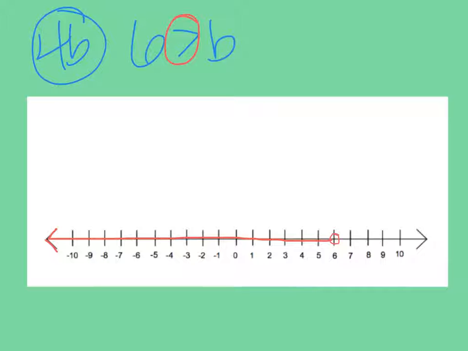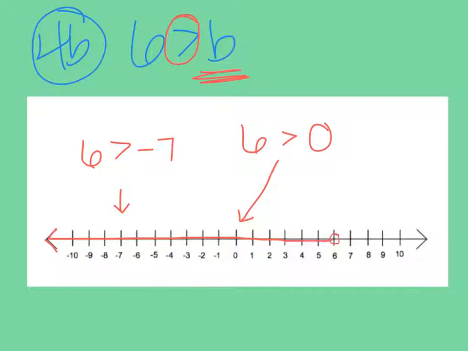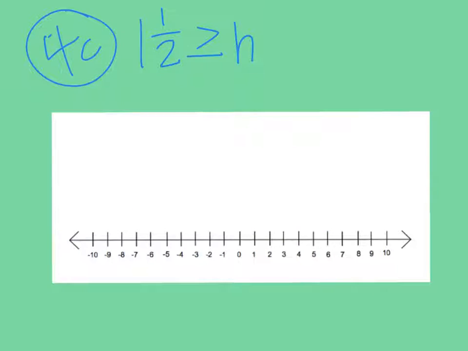So just so we can see an example now, if we wrote 6 is greater than, let's say, -7, that's true. We could write 6 is greater than 0. That's true. We're just showing that any of those numbers can represent our variable b. We're going to do our final problem like this together today as well. You will be practicing this on IXL.